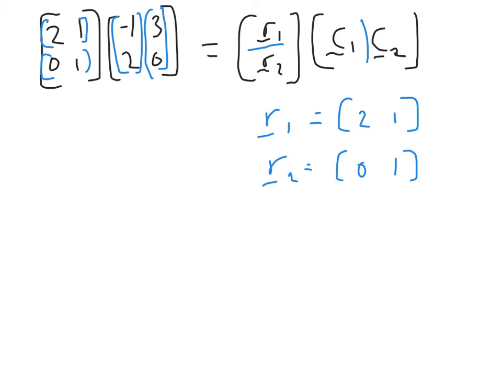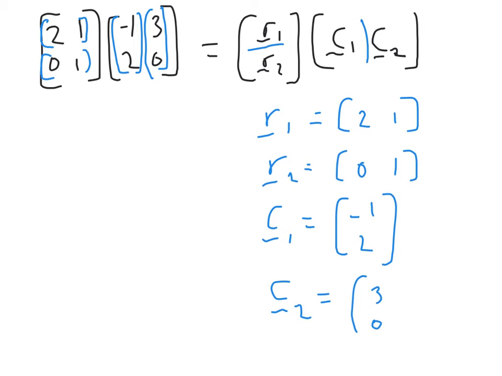And I guess you'll notice that I called them R for row, and then C1 in our second partitioned matrix is equal to 1, 2, and C2 is 3, 0.